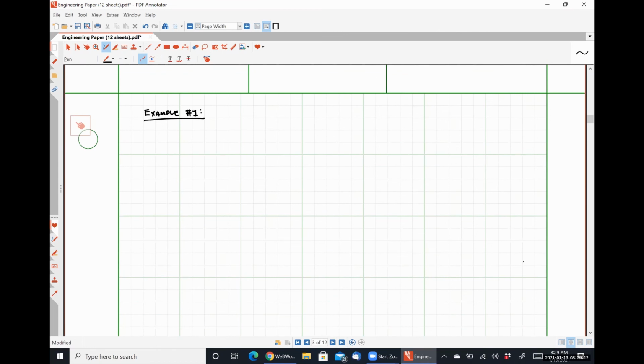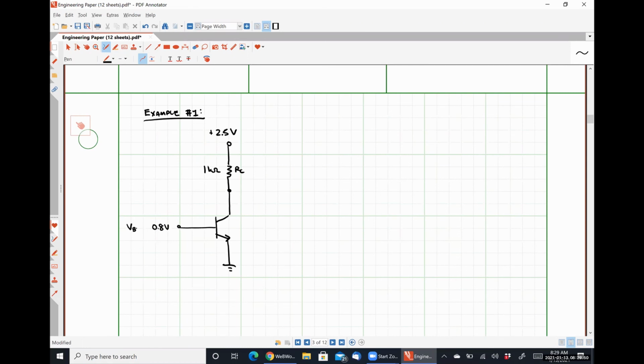So let's say that we have the following circuit. We're going to have a 2.5 volt supply voltage applied over this 1 kilo ohm resistor that is connected to our collector. We have 0.8 volts applied at our base.